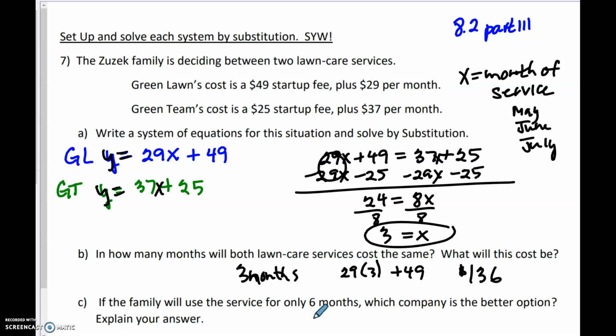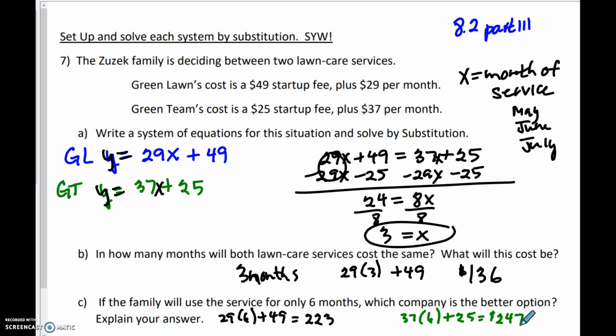Well, we can go back into this first equation and do 29 times 6 plus 49. So take 29 times 6 plus 49, and this cost is $223. And then we can take 37 times 6 plus 25, which is going to get us $247.